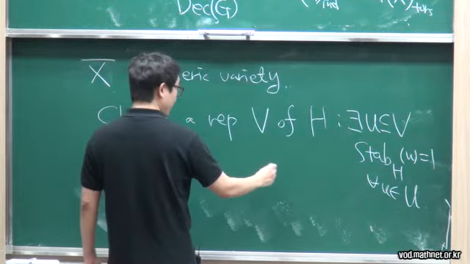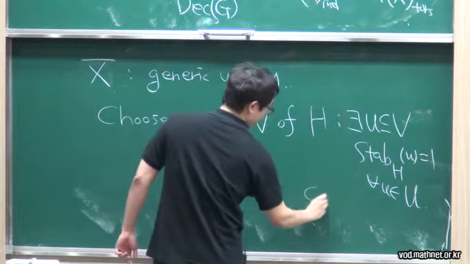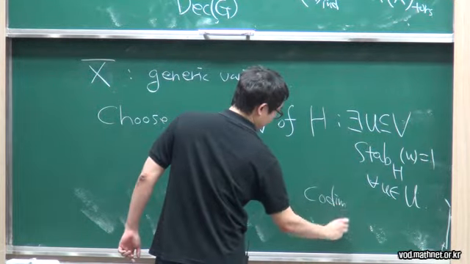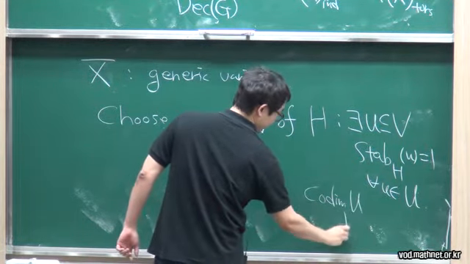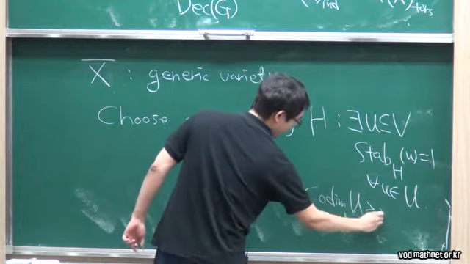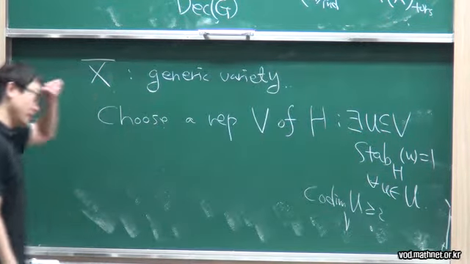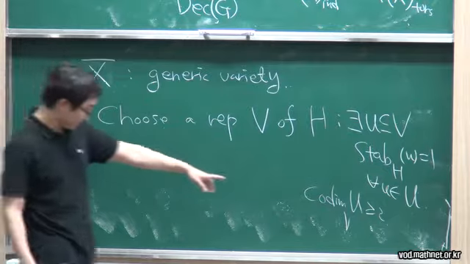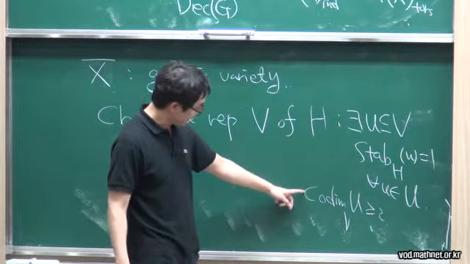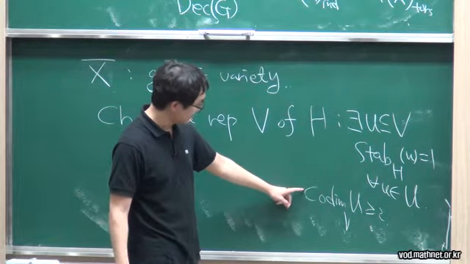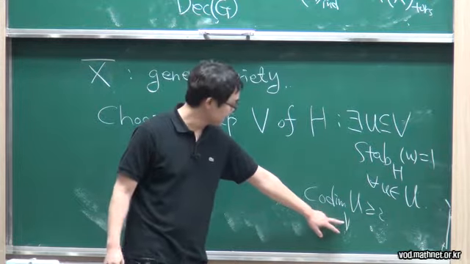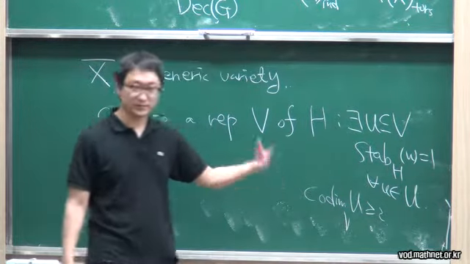And we also require that the codimension of the complement of this open subset is at least 2, but we can always make it satisfy this condition, because instead of V, you can take V times V, and so on.